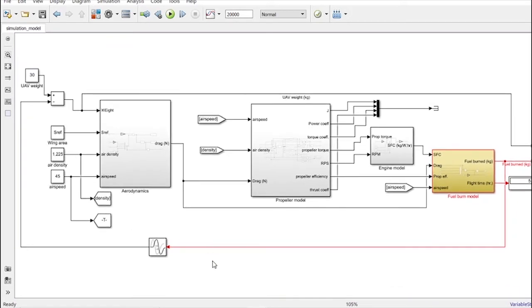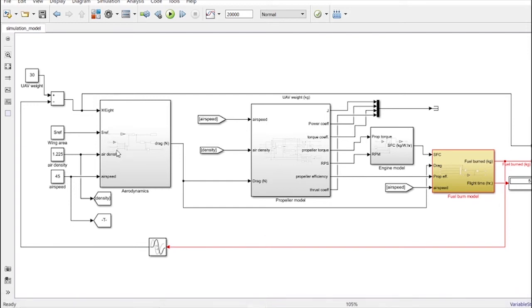These Simulink files are also available in the link that I have posted below in the video. You can go to my GitHub page and download these files and try it out for yourself, and also carry out any other kind of studies on any kind of performance aspect that you like.